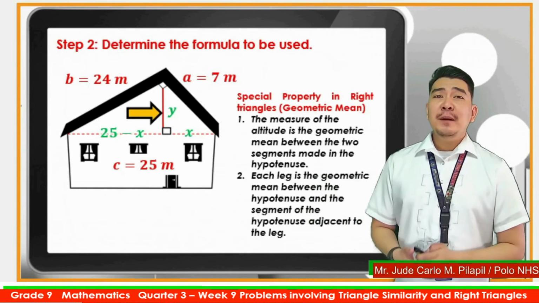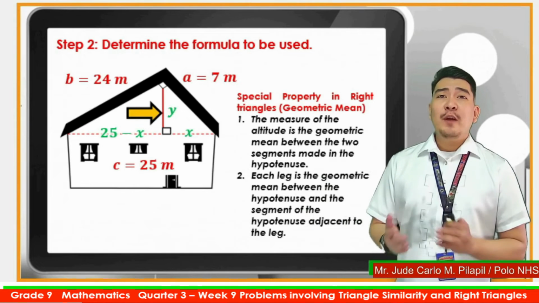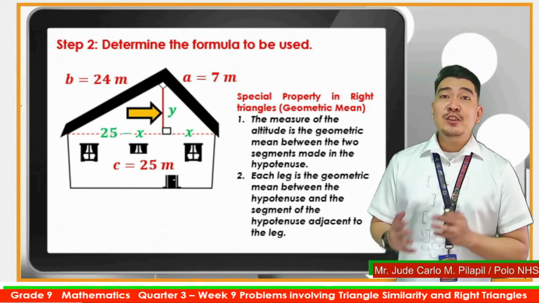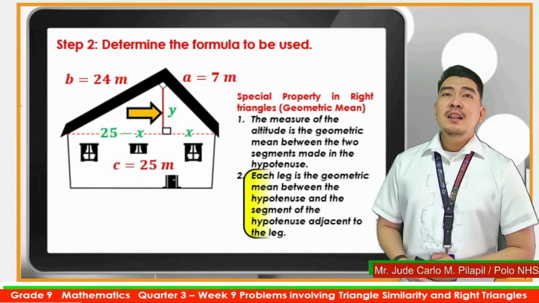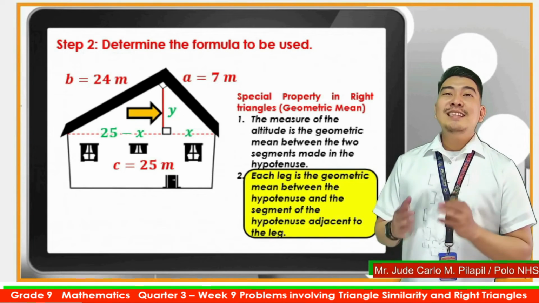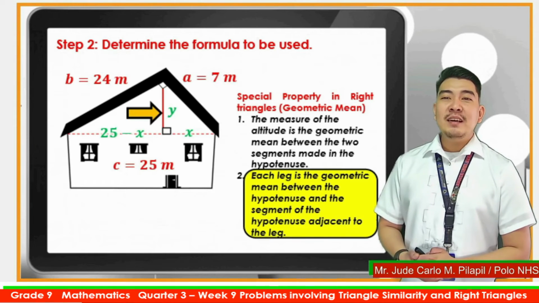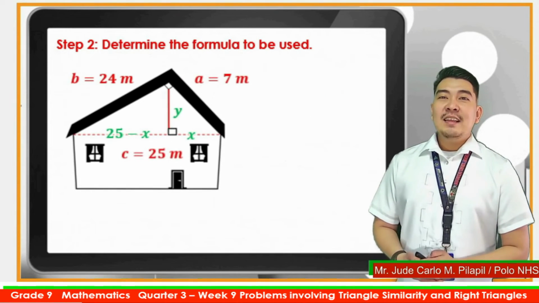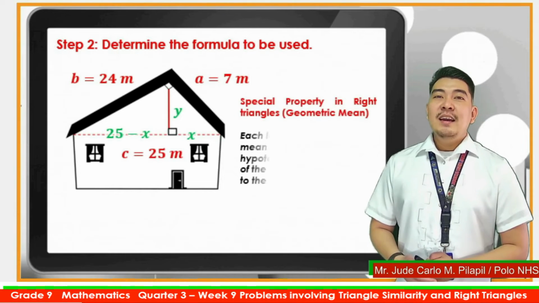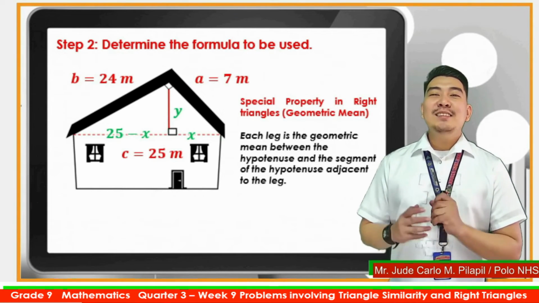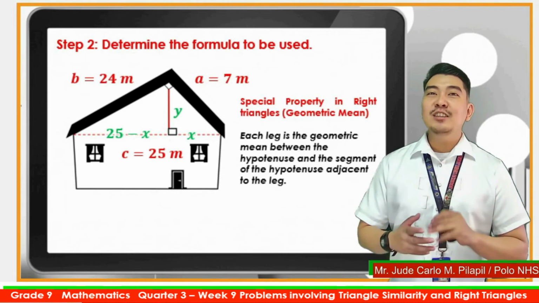We cannot use special property 1 of right triangles because there will be 2 variables that we need to deal with. So, let us use the second property of right triangles, since the legs of the bigger right triangle are given. It states that each leg is the geometric mean between the hypotenuse and the segment of the hypotenuse adjacent to the leg.